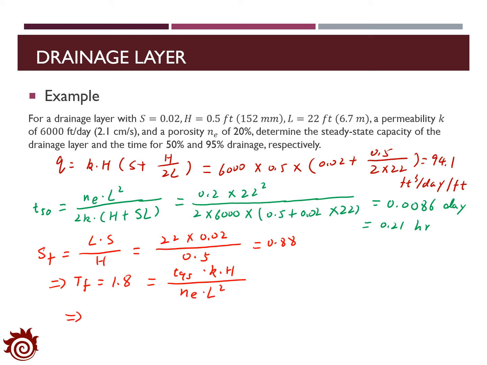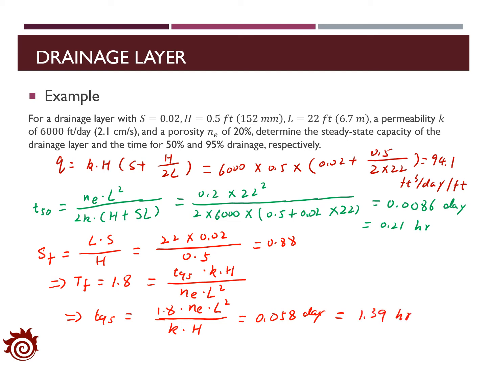So we can derive that T95 equals 1.8 times Ne times L squared over K times H. If you put all the values in this equation, we can get the result for T95 as 0.058 day, and that is 1.39 hours.